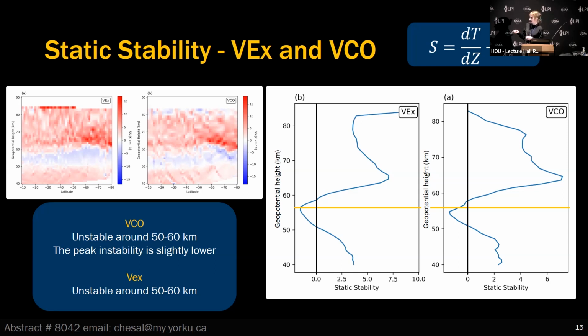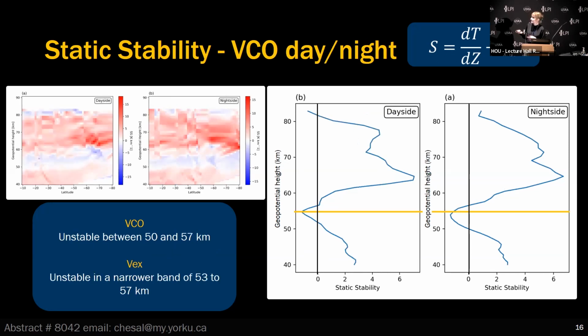But this layer of near neutral stability shifts slightly downwards in the VCO data versus the VEX data. And then on the day side and the night side, you can see that this band here is much narrower on the day side than it is on the night side, and it is shifted slightly downwards on the night side as well.